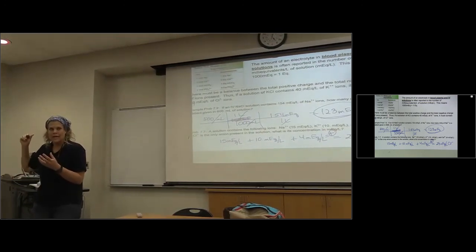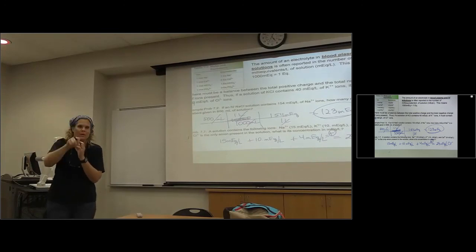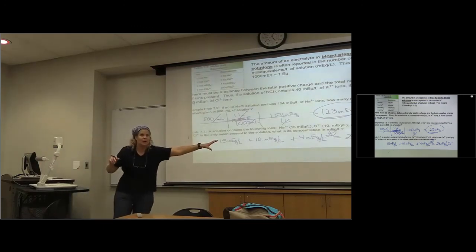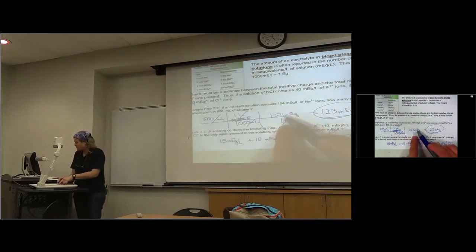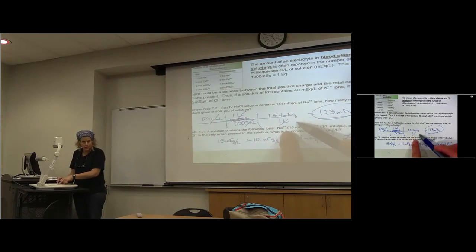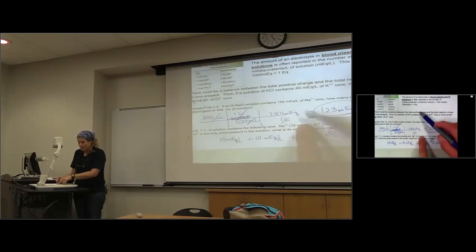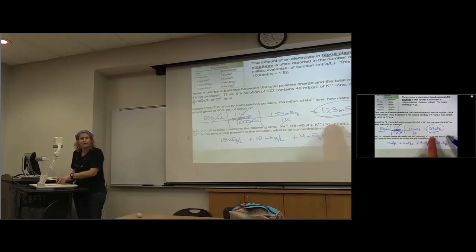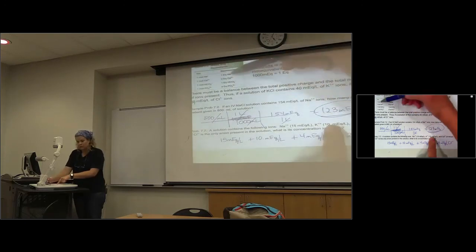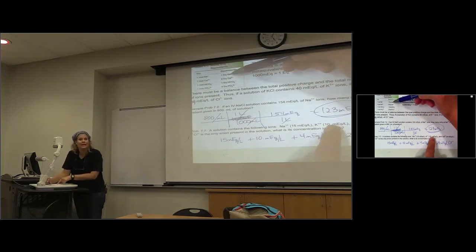Here, though, we're saying it's this many milliequivalents, which you could go back and do the calculation backwards, which I'm not going to ask you to do. But you could go backwards and say a 154 milliequivalent per liter solution, then I could convert that, 1,000 milliequivalents equals 1 equivalent, and then I could go backwards to figure out that 1 mole is 1 equivalent. 1 mole of sodium is 1 equivalent, and 1 mole is 22.99 grams.